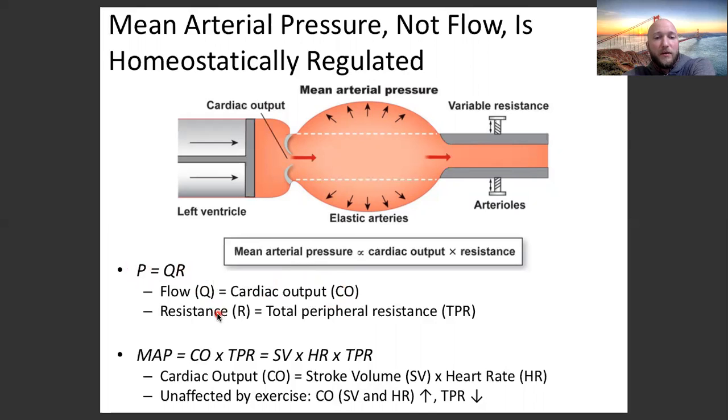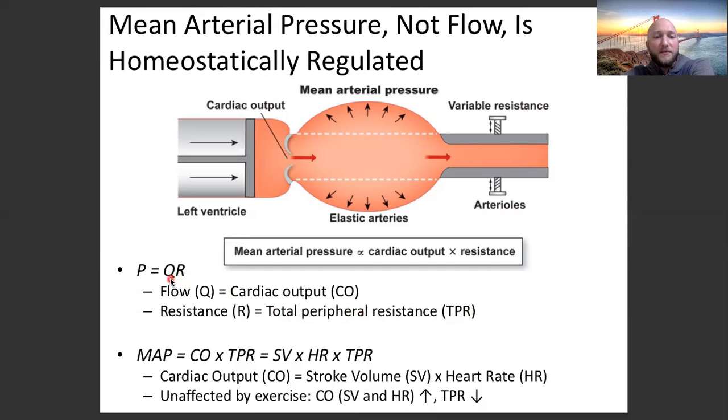Resistance, we're going to substitute the R in this equation for total peripheral resistance. That's going to represent the resistance of the tubes in our circulatory system. Now remember, resistance comes from three things: viscosity, tube radius, and the length of the tubes. So total peripheral resistance is going to be all of those factors together.